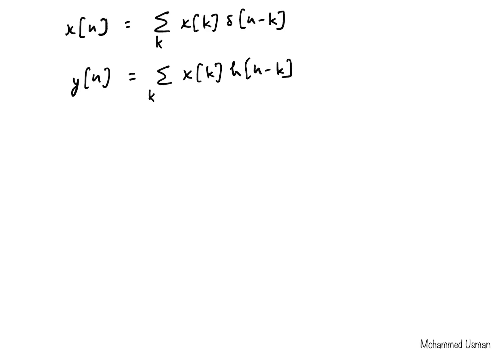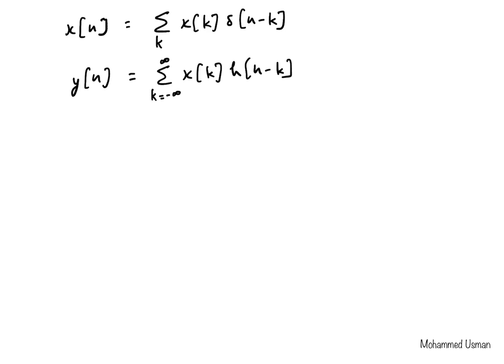Okay, that is for all the possible values of k. In general we write it as k equals minus infinity to plus infinity, right? So let me write that specifically, k equals minus infinity to infinity here.